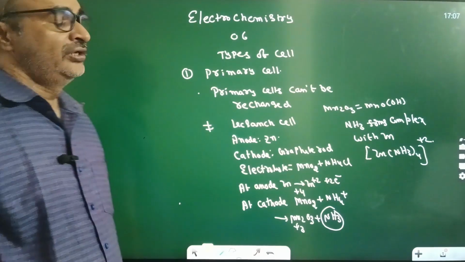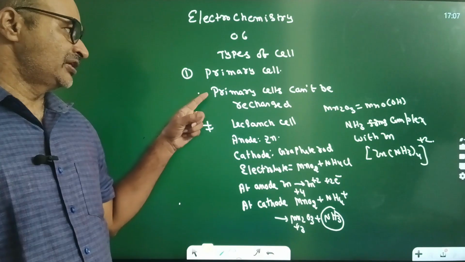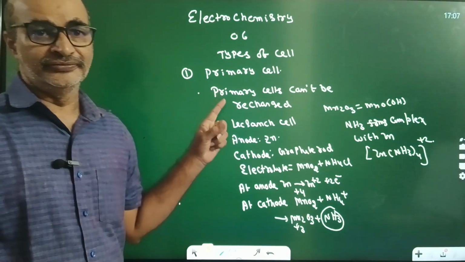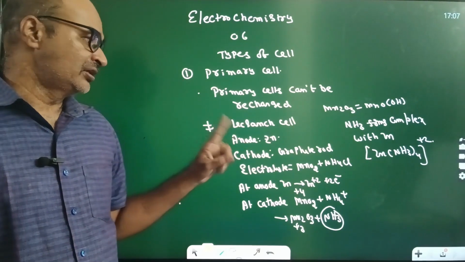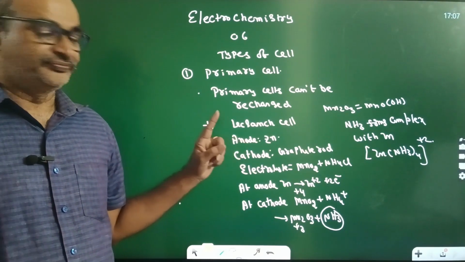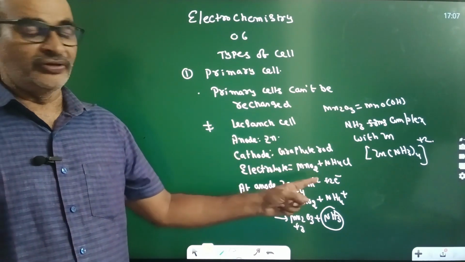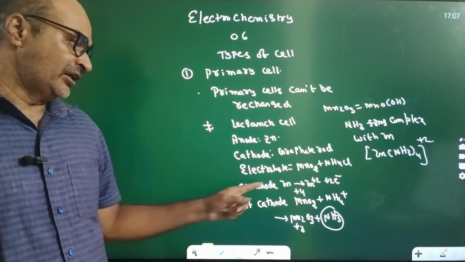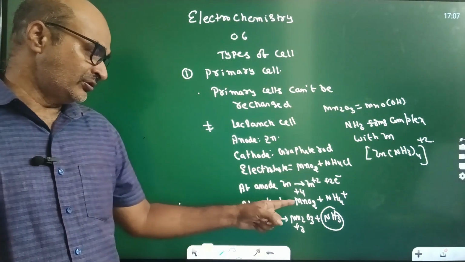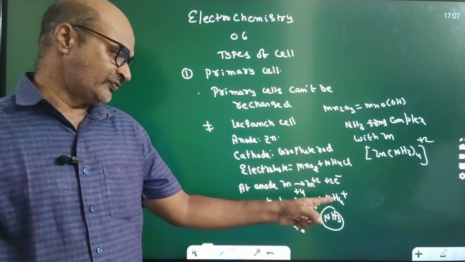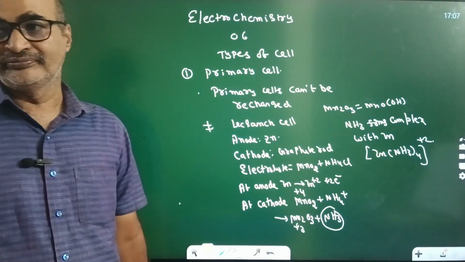Please write down. I repeat. Primary cells can't be recharged. Example, Leclanché cell. Anode is zinc, cathode is graphite rod, and the electrolyte is a paste of MnO2 plus ammonium chloride. At the anode, zinc undergoes oxidation. At the cathode, MnO2 plus NH4+ gives rise to Mn2O3 plus ammonia.